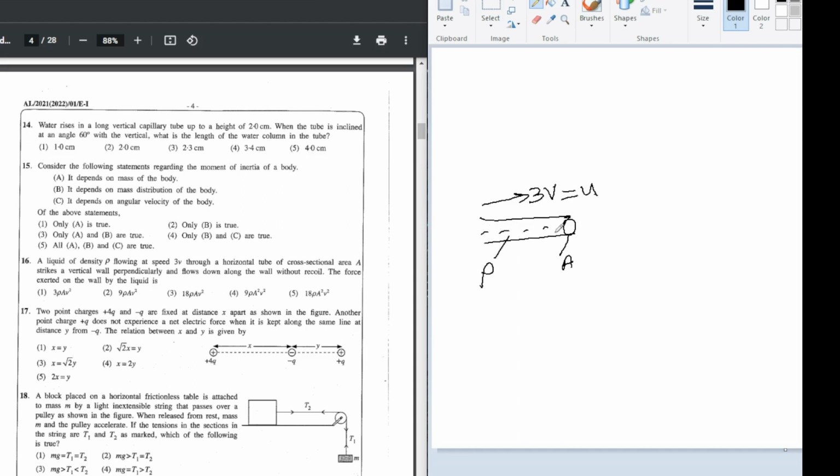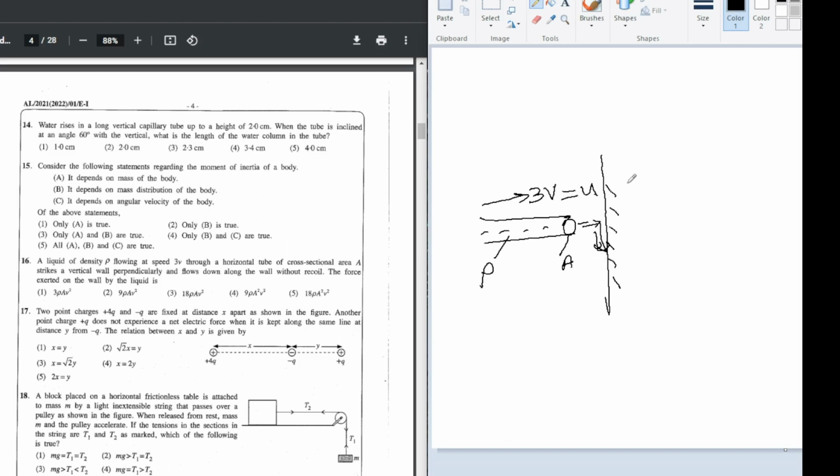Liquid flows inside the tube and strikes a vertical wall. After striking the wall, this water flows down. Now the velocity of the water is downwards after hitting the wall. Initially it was horizontal and the final velocity of the water is vertically downwards.